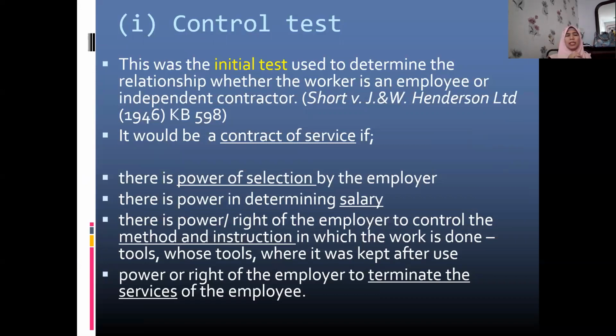The third one, there is power or right of the employer to control the method and instruction in which the work is to be done. For example, controlling the tools, whose tool, where to keep the tools. And the fourth one, power or right of the employer to terminate the services of the employee, to ask the employee to resign, to fire, in layman's term, fire.